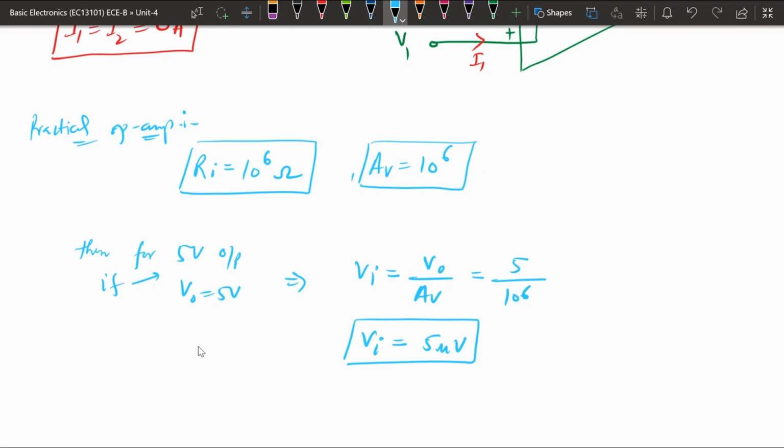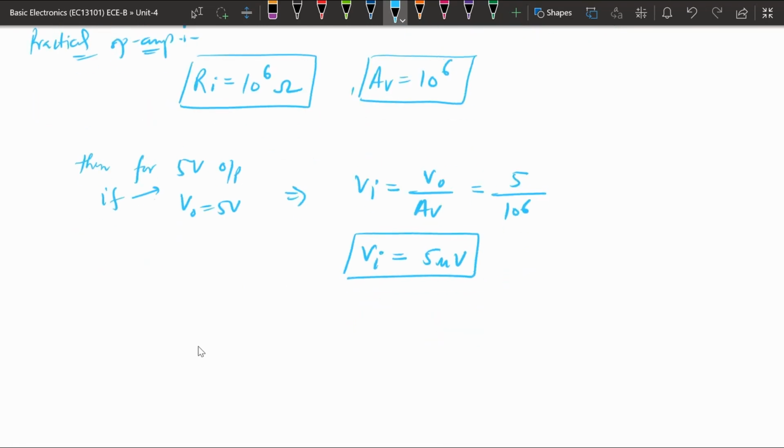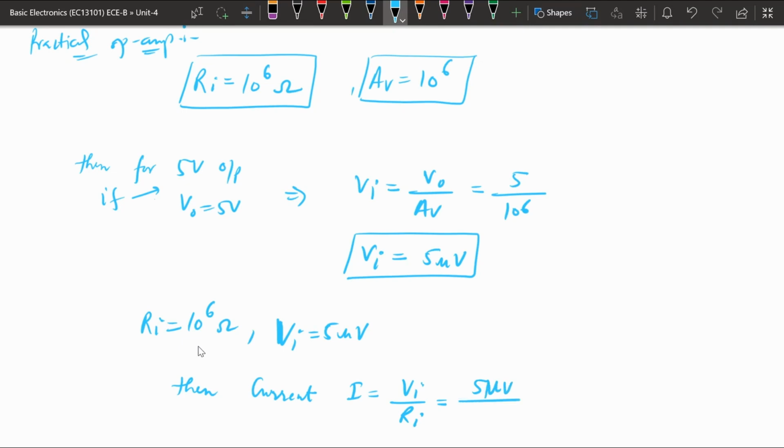So from there, suppose we want to find the current. As R input is 10 to the power 6 and V input is equal to 5 microvolt, the current I will be equal to V input divided by R input. So V input is 5 microvolt divided by resistance 10 to the power 6 ohm.